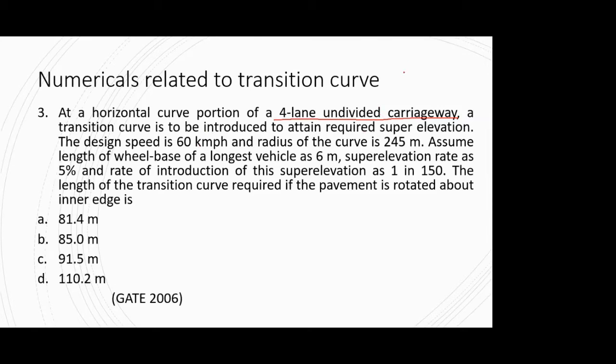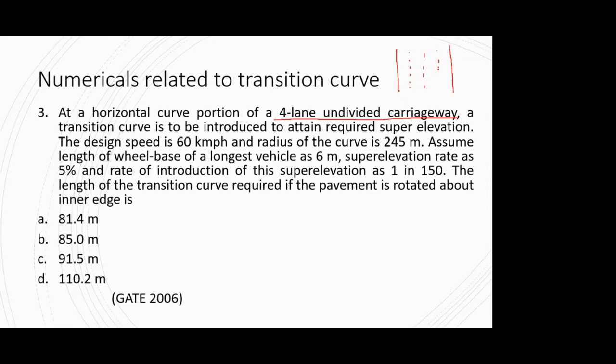So I hope you have understood by now what an undivided carriageway is. Undivided is nothing but a carriageway in which you don't have a median, or in layman's terms, a divider. So we don't have a divider in that case. So that's an undivided carriageway, and 4-lane is obviously these 4 lanes.